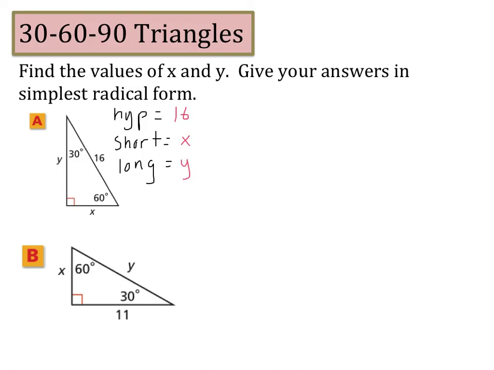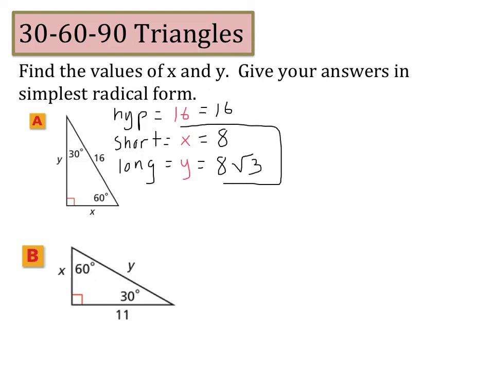Well, I know the hypotenuse is 2 times the shortest leg. So if the hypotenuse is 16, I know the short leg has to be 8. And then I know the long leg is the shortest leg times the square root of 3.